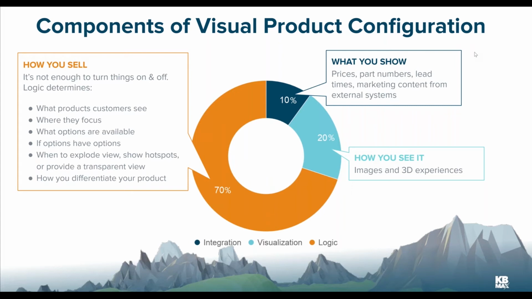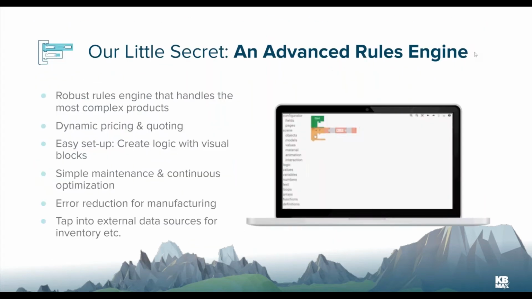And that comes from intelligence that just having a simple TV screen with one picture doesn't give you. You think about the intelligence being what gives you that interactive programming so you can actually see a story unfold as you're watching it. Now, the trick to this at KBMax is our little secret sauce. It's an advanced rules engine we call Snap, and our Snap technology allows us to handle the most complex product rules.